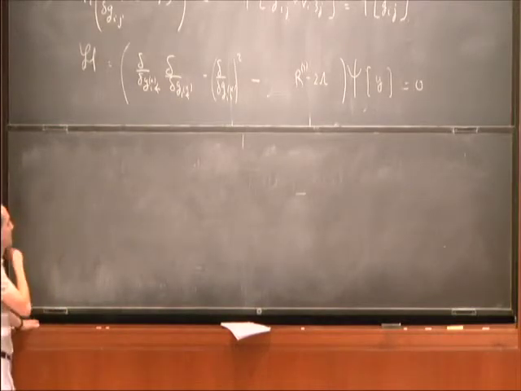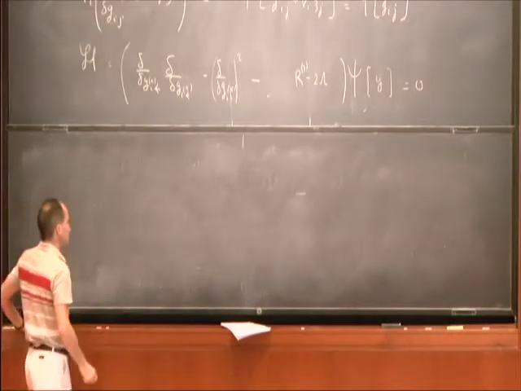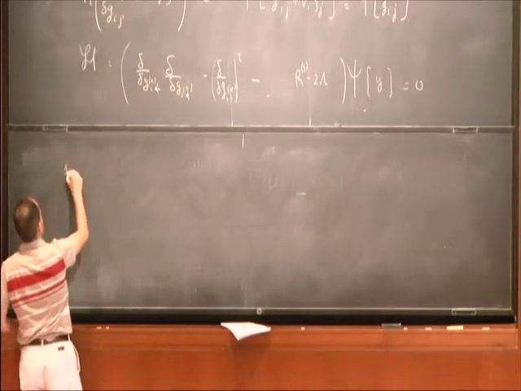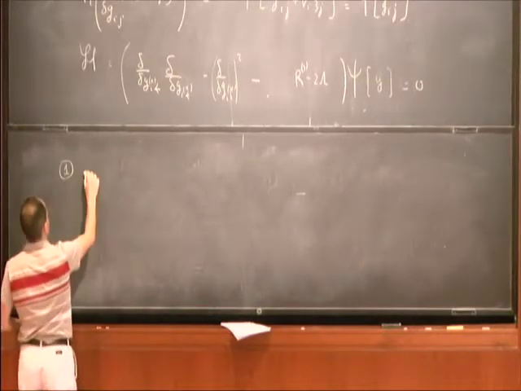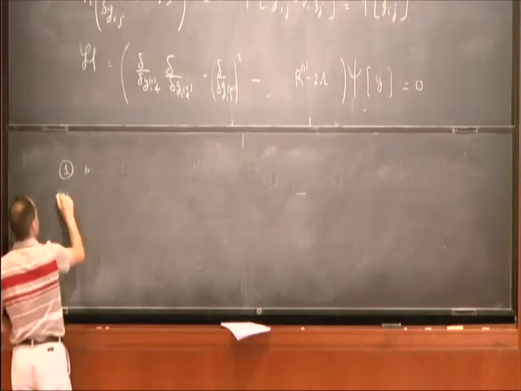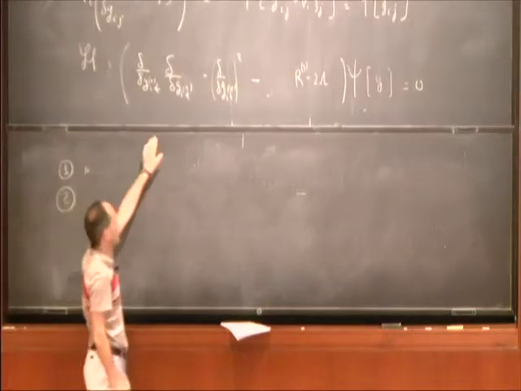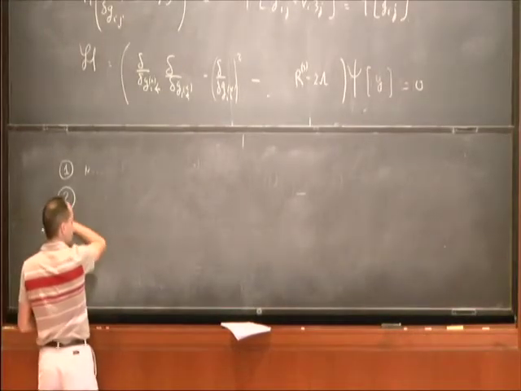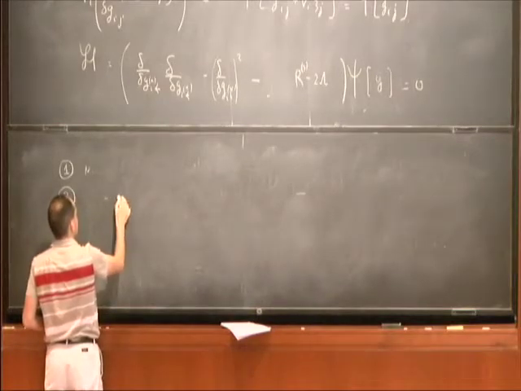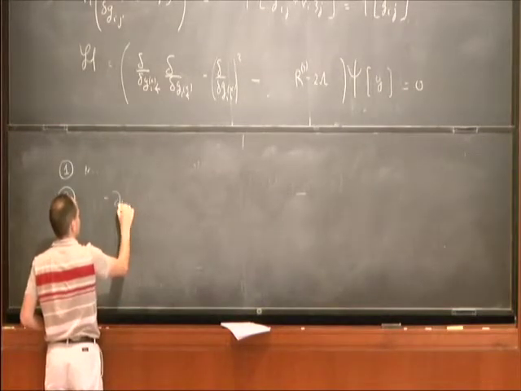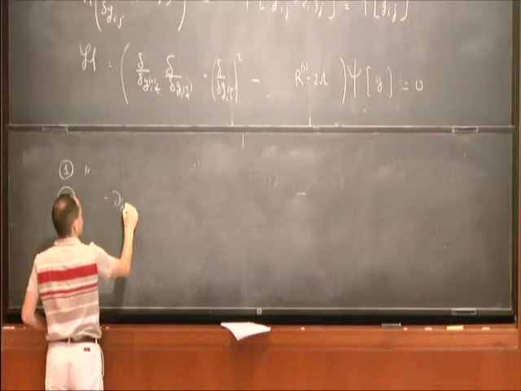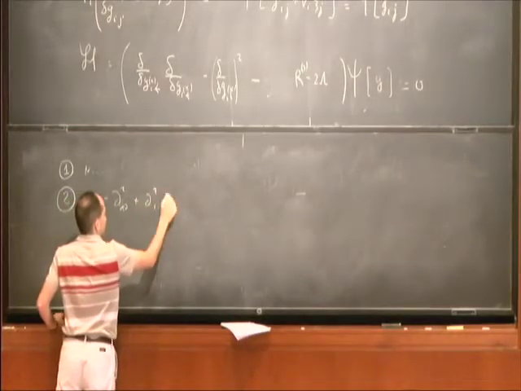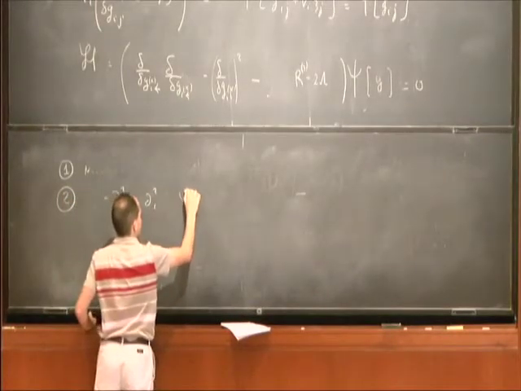Okay, so there are a couple of issues. One is the one I mentioned about non-normalizability, and the second is that this equation in the space of metrics is more like an equation similar to the Klein-Gordon equation, something like (d/dx0 squared plus d/dxi squared) times psi equal to 0.